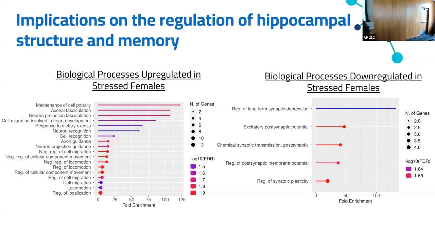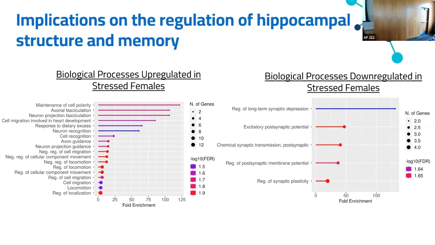It's actually the same question first. You mentioned that some of these restructuring changes might lead to reduced memory formation. Have you directly tested that in animals, and if not, what would you expect to happen if you did, even with a memory test?